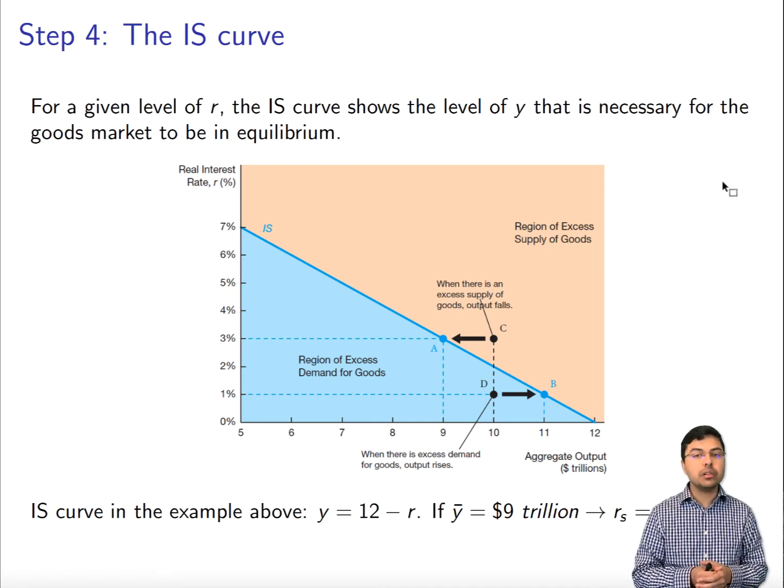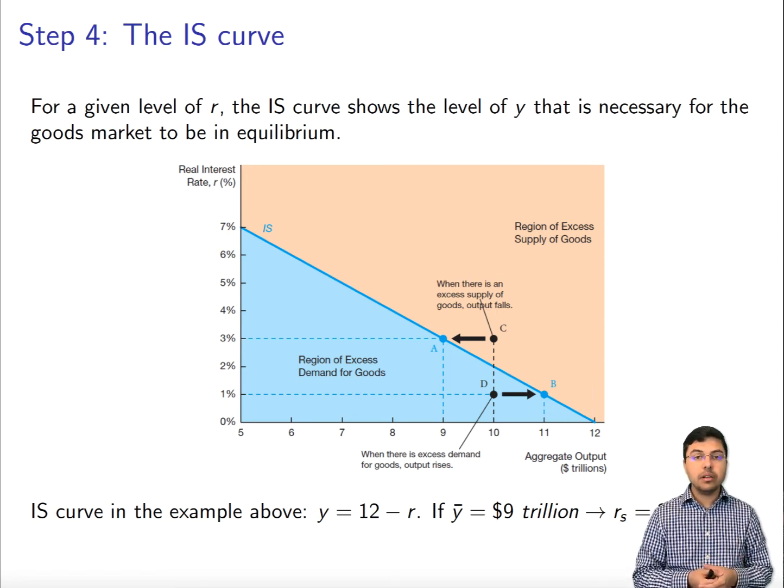Similarly, if the real interest rate is equal to 1%, then aggregate demand is equal to aggregate output at $11 trillion, which is point B. If the economy is instead at point D, then there is an excess demand for goods, and as a result, firms and businesses increase their investment to satisfy the excess demand, which increases aggregate output, and we have equilibrium in the goods market only when output is equal to $11 trillion.